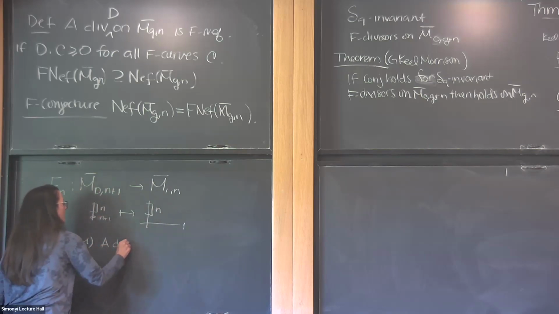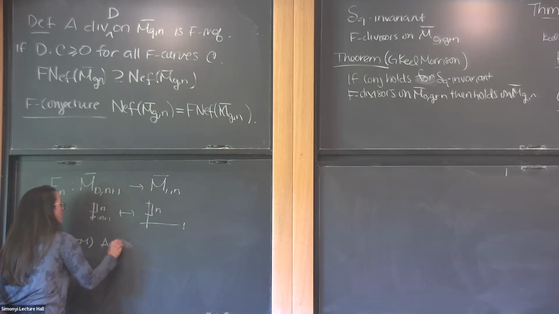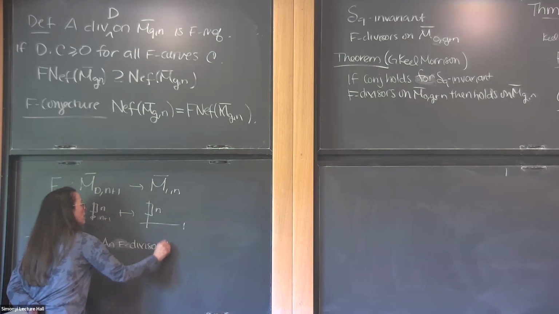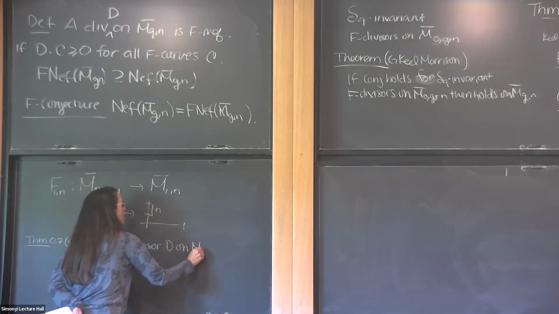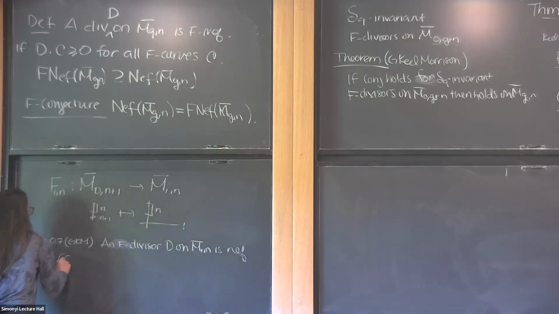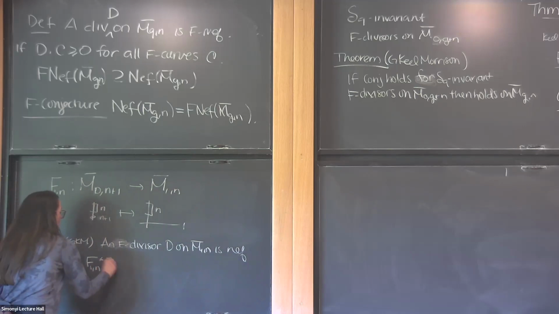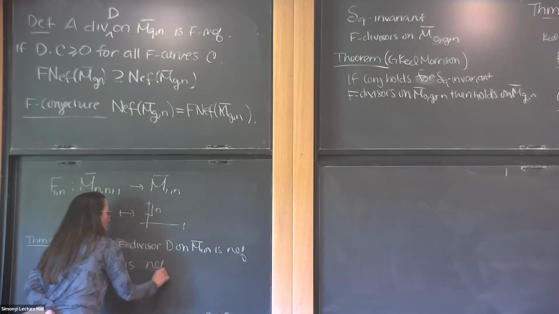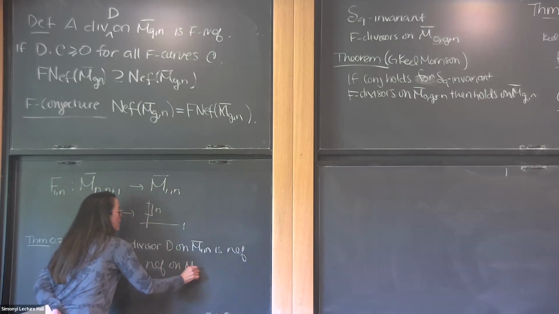An F divisor on M1n is nef if and only if, we're only going to use the "if", but I'll just say what I'm going to use: the pullback is nef on M0,n+1.